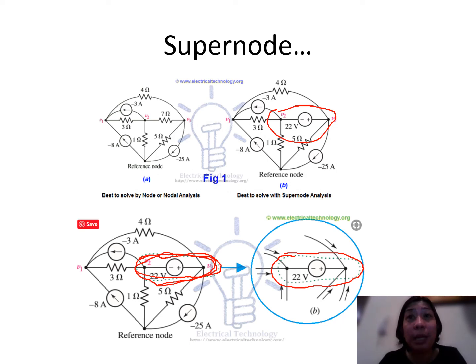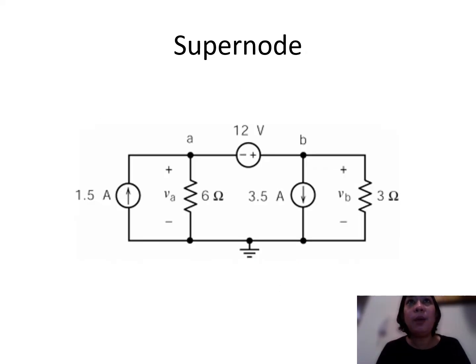Whenever you have a voltage source between two nodes, you're going to treat them as a super node. So how are you going to apply that? Let's try solving a problem with a super node. We have here a super node. Why? Look, between node A and node B, there lies a voltage source, which is 12 volts.